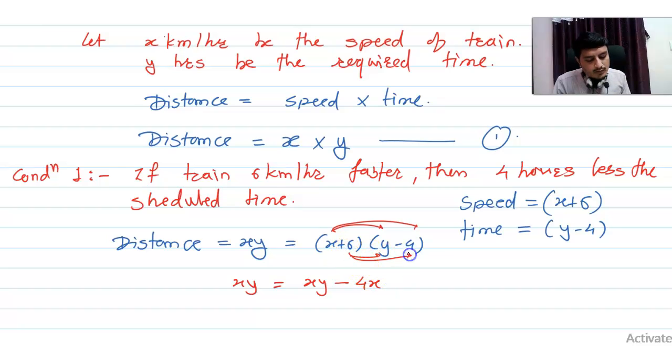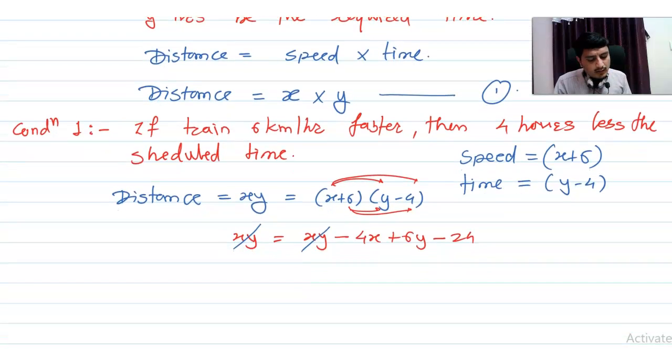Now distribute 6 over the bracket. We get 6y, and minus 6 fours, we get minus 24. Look, xy on both sides, with the same sign on opposite sides, gets cancelled. Once we shift the minus 24 from RHS to LHS, we get 24 equals minus 4x plus 6y.